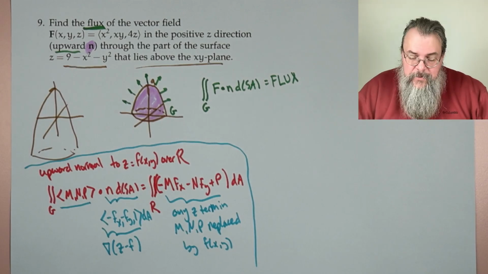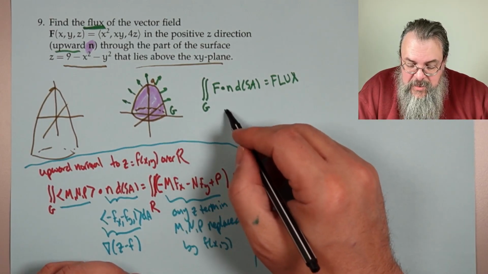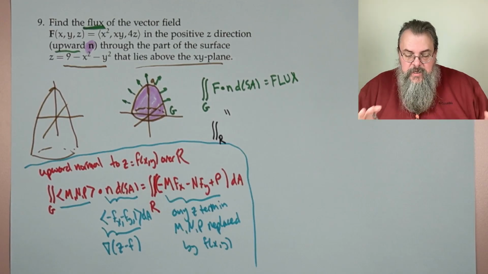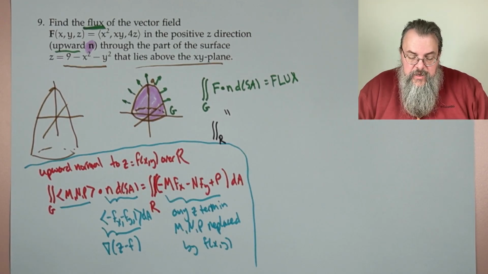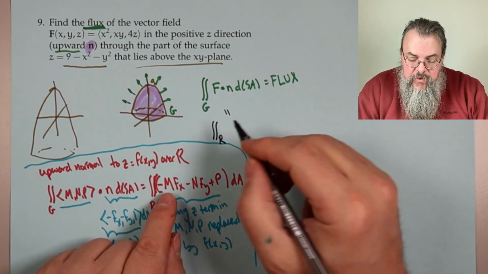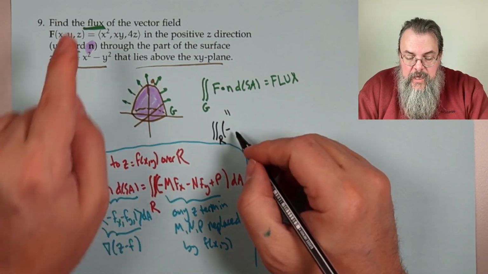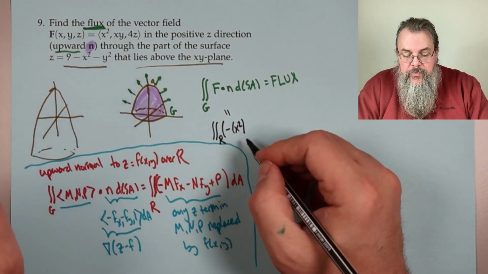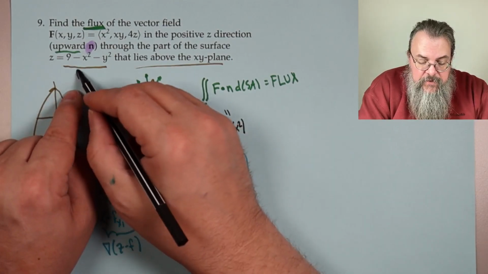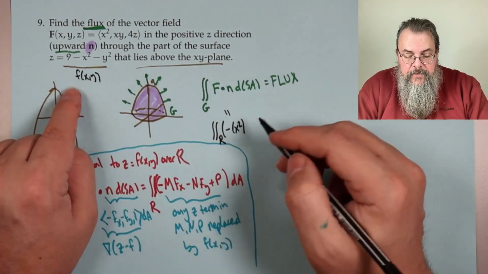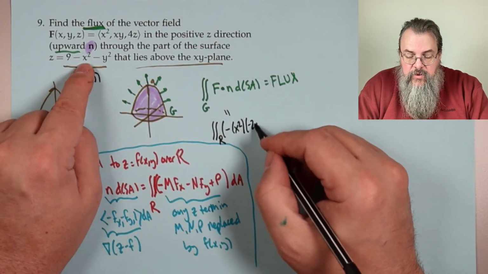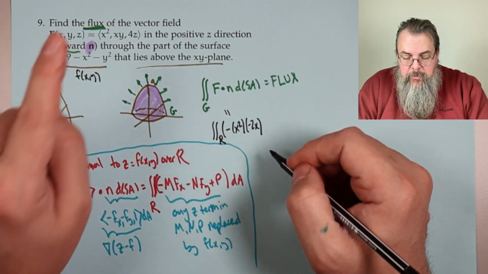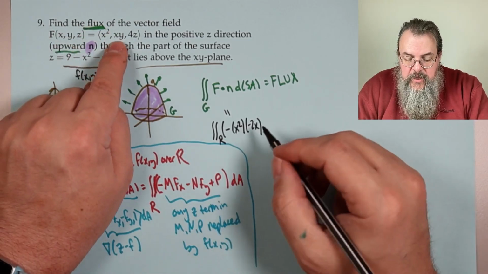So according to the formula, this will be the integral over our region. And we still have to talk about our region. We'll get to that in a moment. But let's go ahead and run this computation. So it's minus M, x squared, fx. So this is your f of xy. So f sub x is minus 2x. And then it's your minus N, right? So there's no derivatives.